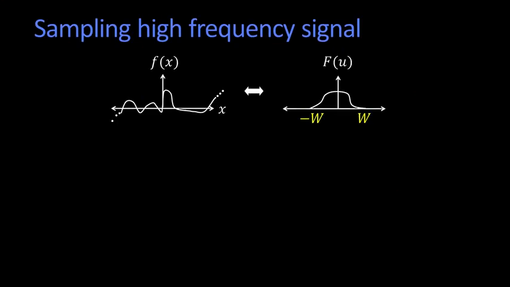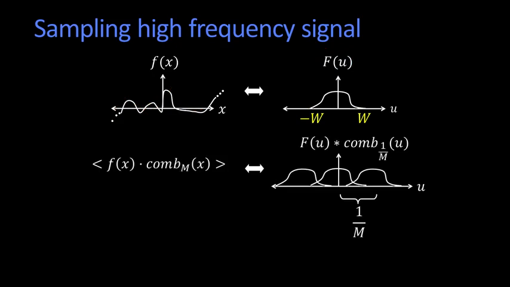But what if they're not low enough? What happens? Well, now, let's suppose I have a higher frequency thing. So this is some random function, and it has some high frequency. So here's its F of u, and you see its w goes out a little bit further. If now I multiply that by the same comb of m, I'm going to convolve this thing with that 1 over m comb that I had before, and I'm going to get this part here.